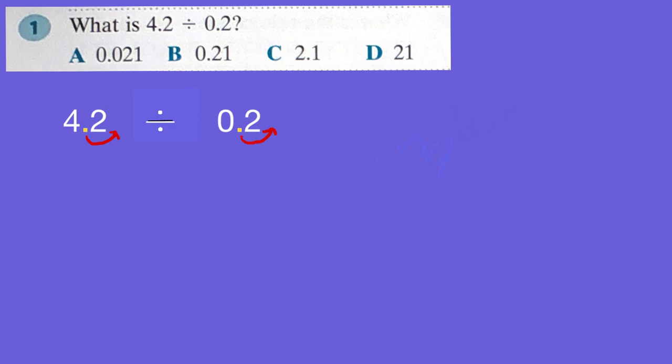So we've moved both numbers' decimal places by one place. If you've moved it equally on both sides, then that becomes simply 42 divided by 2. Now that's easy enough to do in your head, and the answer will be 21. So we can highlight the answer D.